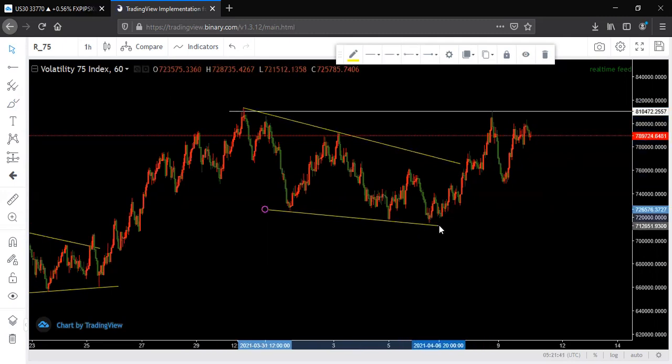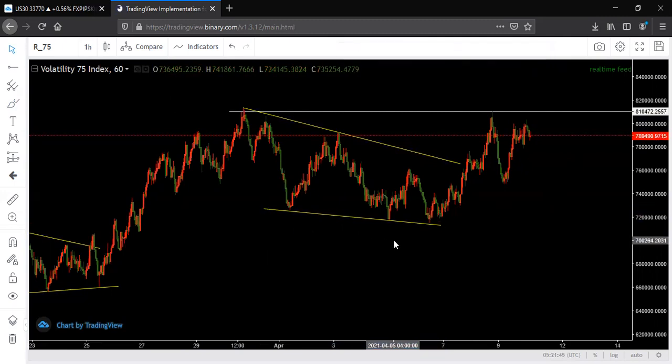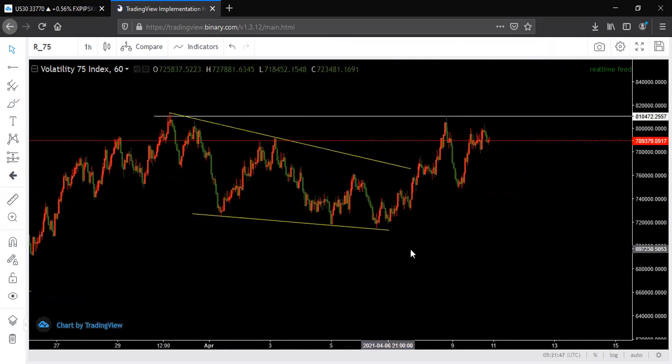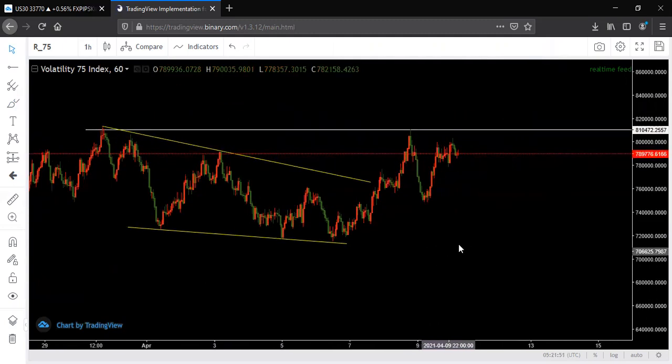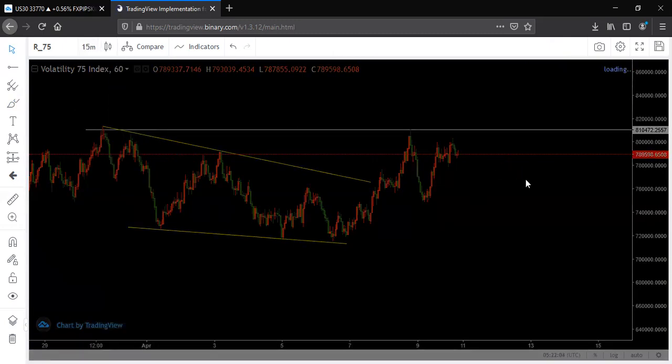So you see, just make it simple and clear. From this point, guys, what are we looking for here? We are looking for the selling opportunity. Remember, here we are having the first top and the second top. But let us go to the 15 minutes so that we can see what we can see on the bigger time frame.